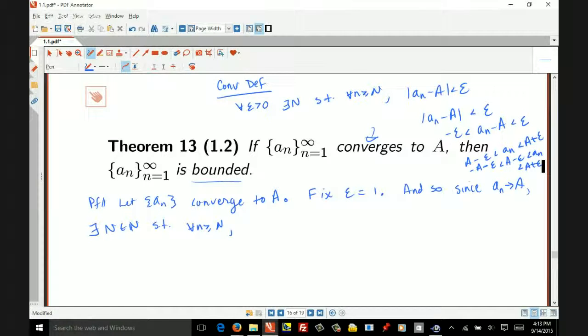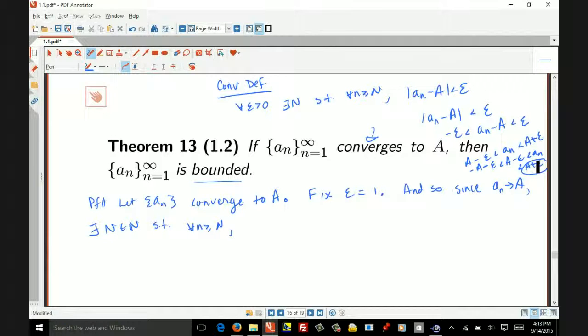Okay, so that's where I'm headed. I'm going to choose this a plus epsilon as one of my probable choices for my upper bound. That's why I get to choose a value for epsilon.